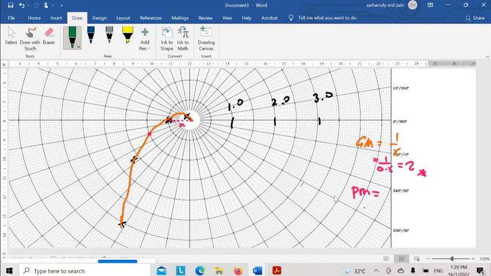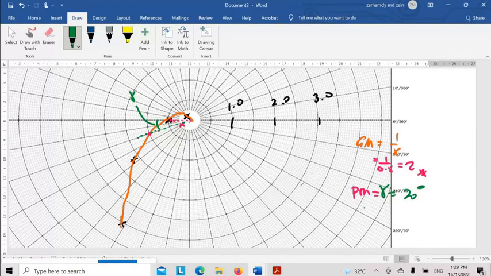We take it here, so this is gamma. Our gamma is somewhere around 20 degrees.